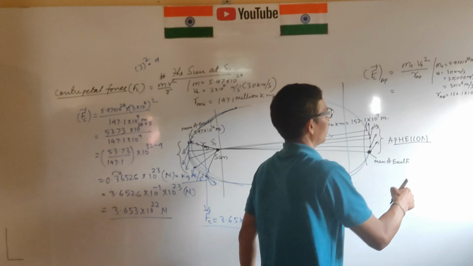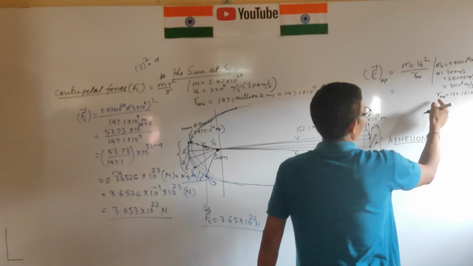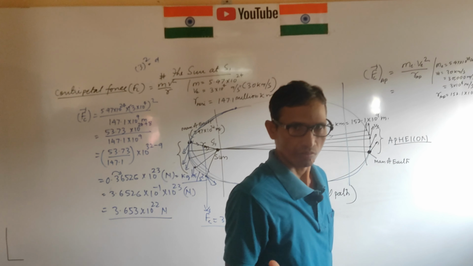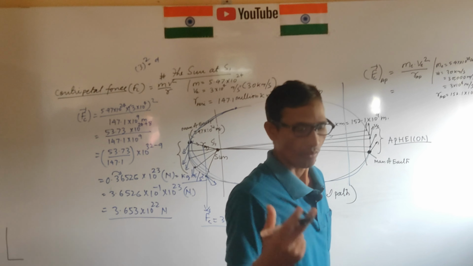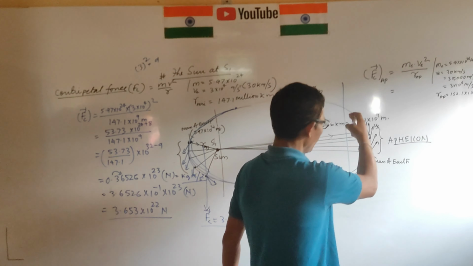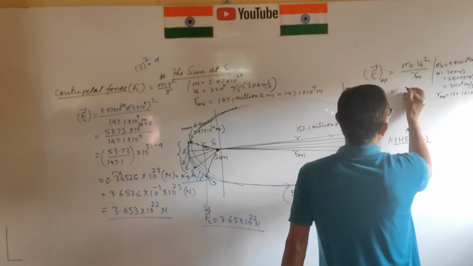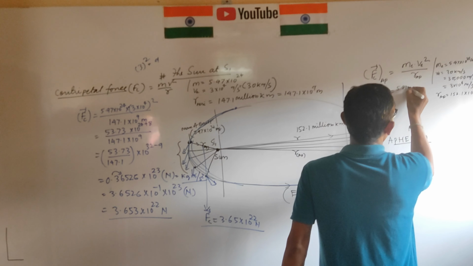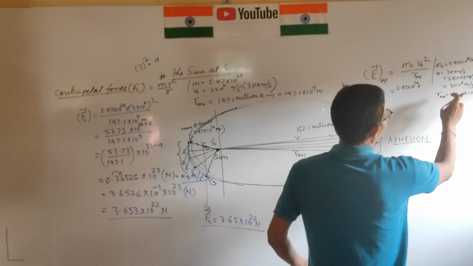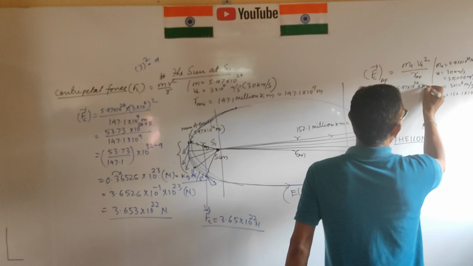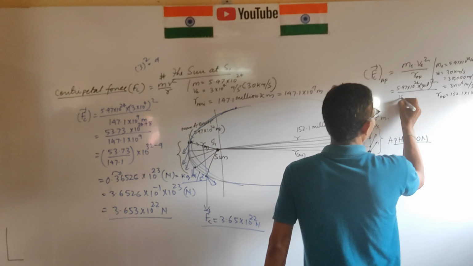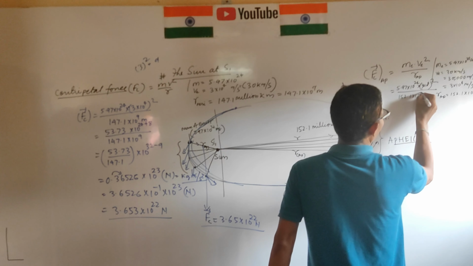When we put the value of mass, velocity and aphelion distance, we can get the centripetal force of the earth when it is moving around the sun in the region of aphelion. So here it is 5.97 into 10 to the power 24, times 3 into 10 to the power 4 squared, divided by aphelion 152.1 into 10 to the power 9.